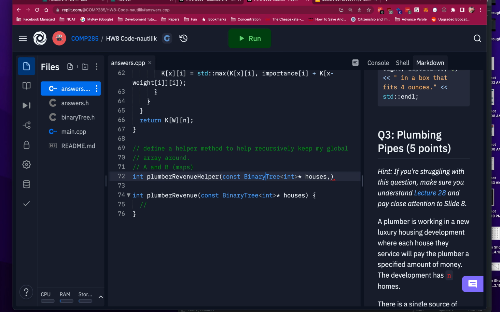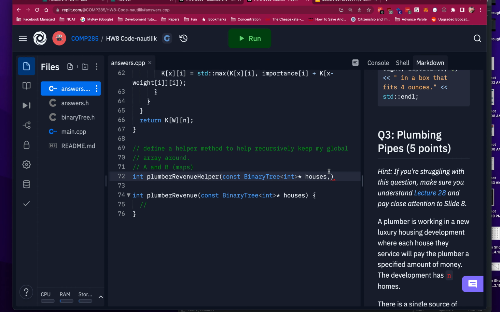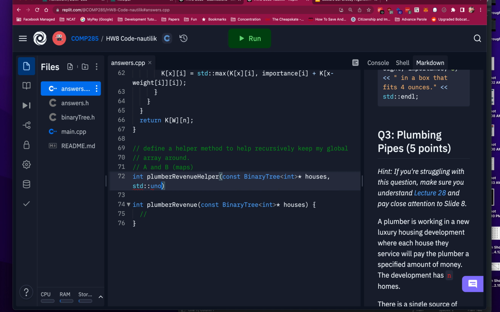If you look at the pseudocode, it's like A[u], where u is the root of the tree. But how do you have an array for that? Of course, you could keep another tree, but it's pretty complicated. The easiest thing that you're going to see in practice is you just use a map. So we can use a map here, and you could have used a map for all the other ones.